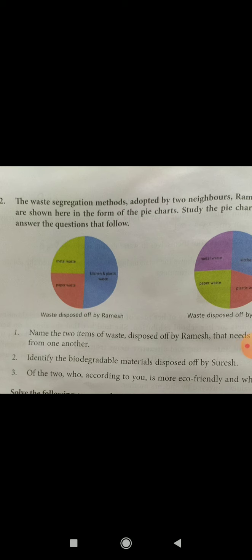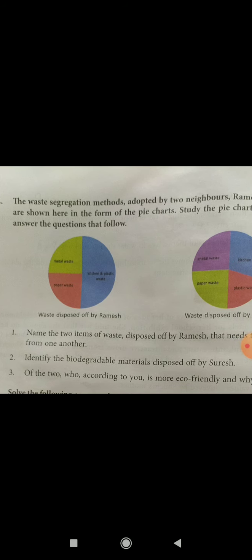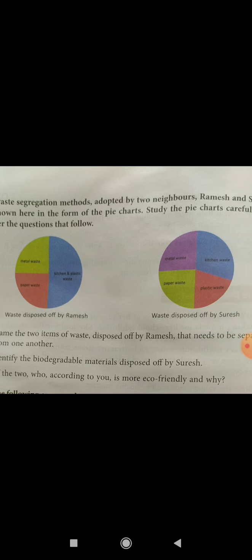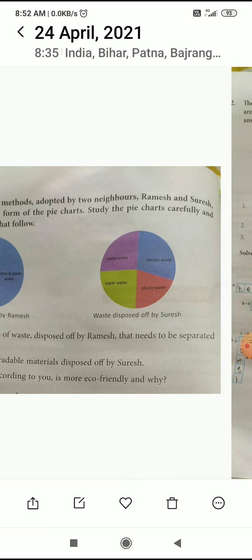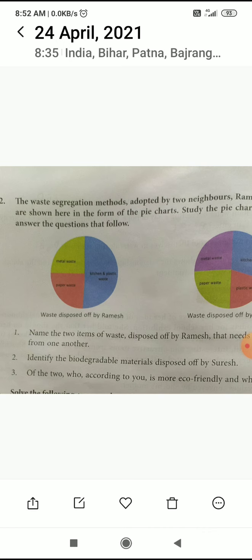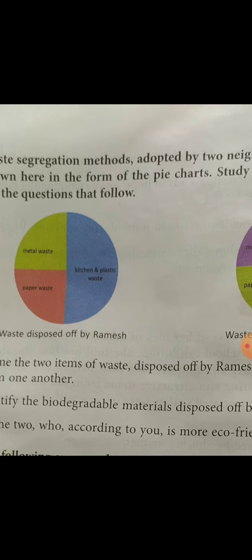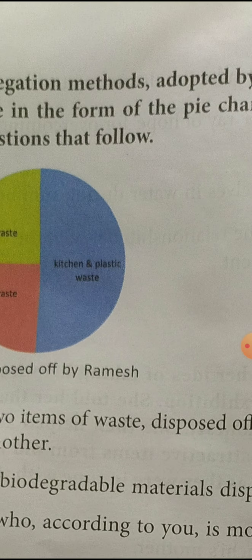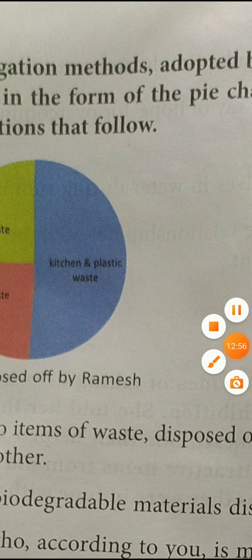the question. Name the two items of the waste disposed of by Ramesh that needs to be separated from one another. What you have to write? What is the need of separation by Ramesh? See here.